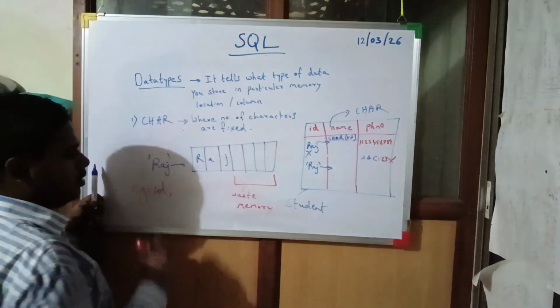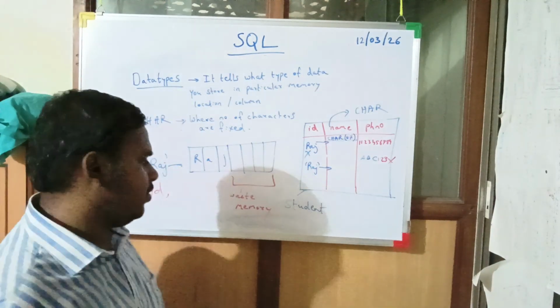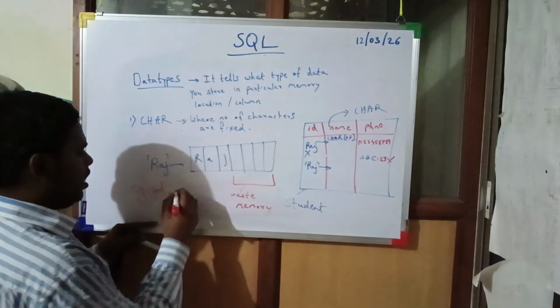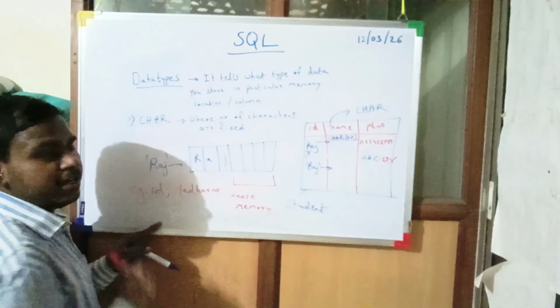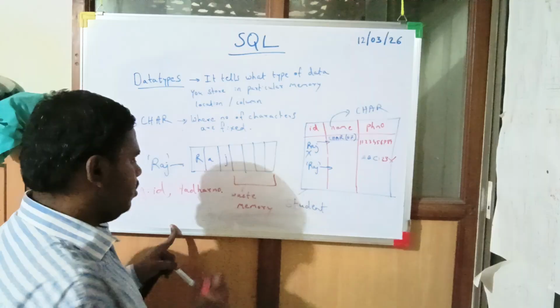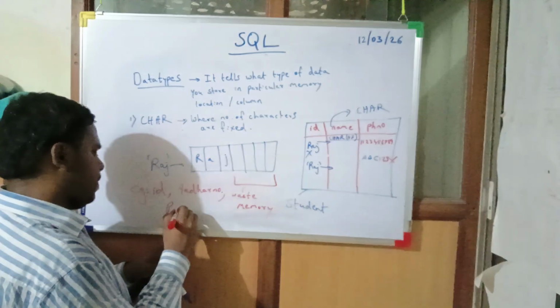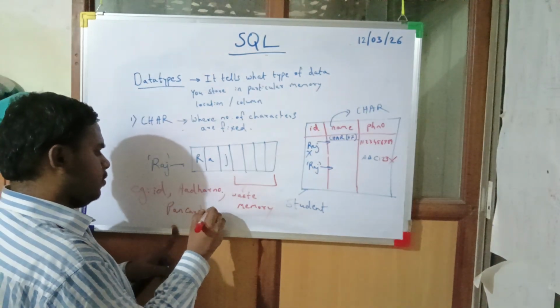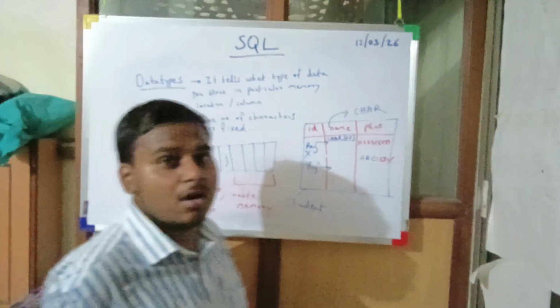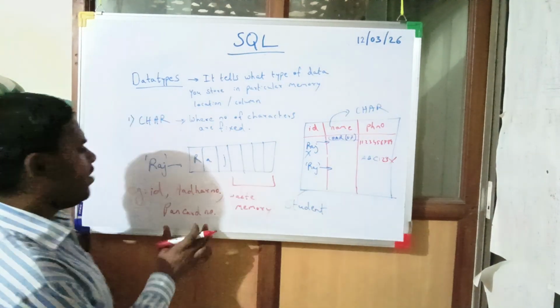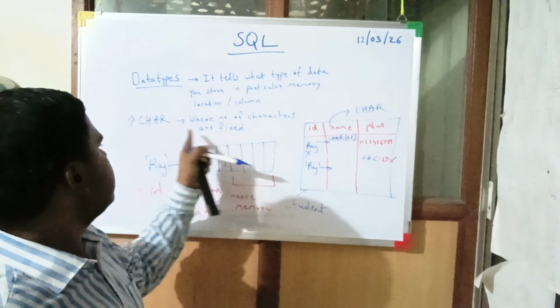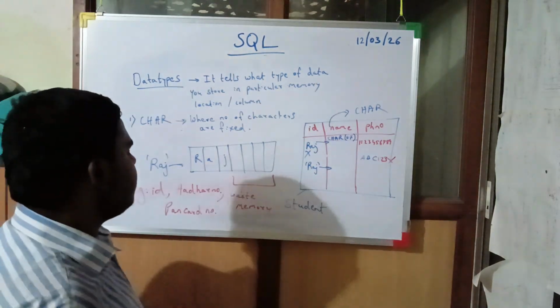ID card, employee ID, student ID, their number of characters is fixed. Let's say Aadhaar number, how many digits are there? 12. PAN card number is how many digits? 10 digits. So the number of characters is fixed. So there the char data type is useful.